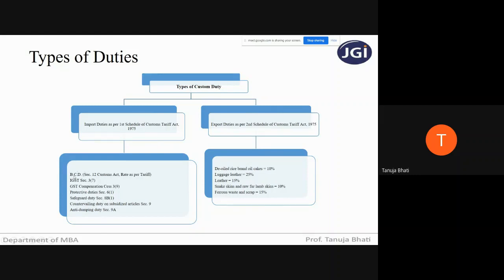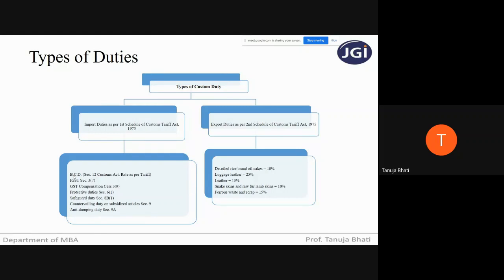So what are those conditions? Condition number 1 is that at the time of importation, the importer should make a claim that he wants the preferential rate. He should also claim that the goods he is producing or manufacturing are in a preferential area, and this preferential area will be notified by the government, students. The central government will notify the preferential area.